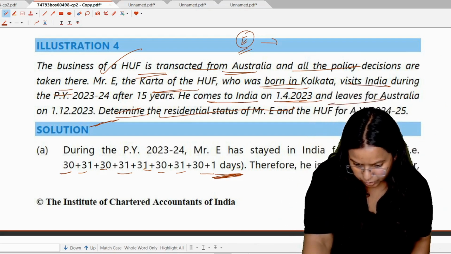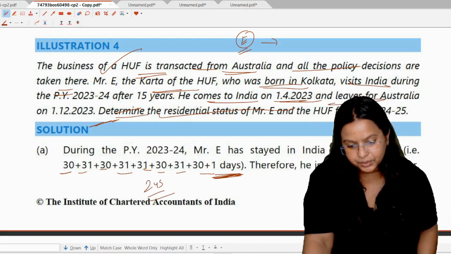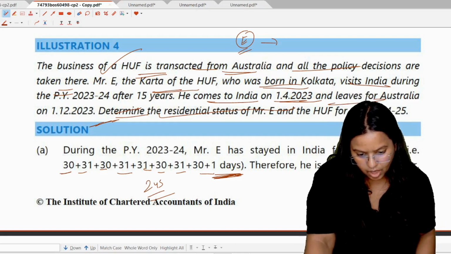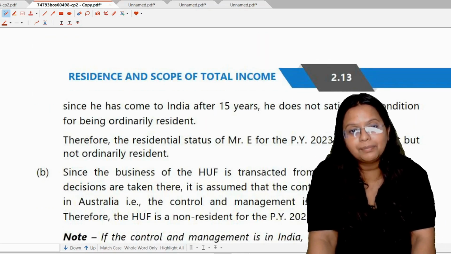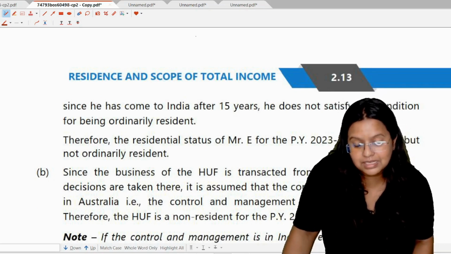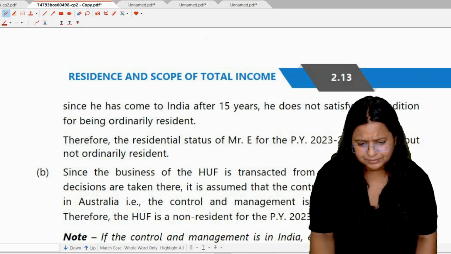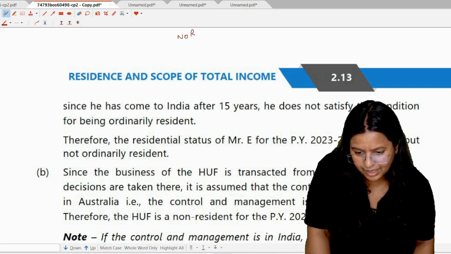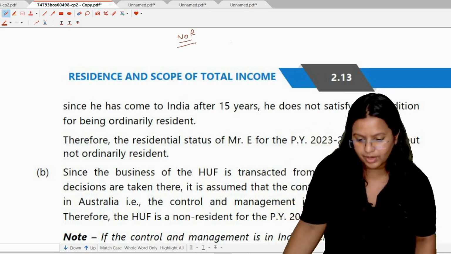So these all become 245 days, which means Mr. E is in India for more than 182 days. So yes, he is a resident. Now we have to check whether he is ordinary or not ordinary. If a person is a non-resident or not ordinary resident, he has to satisfy any of the following conditions.